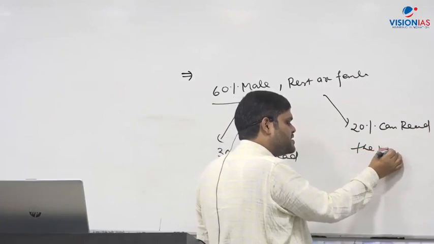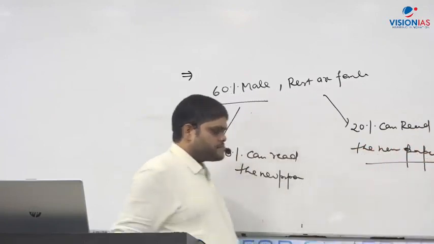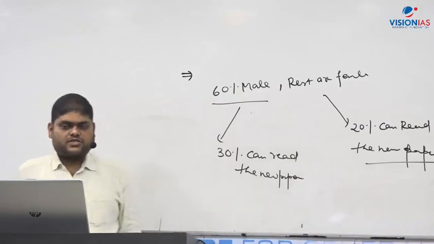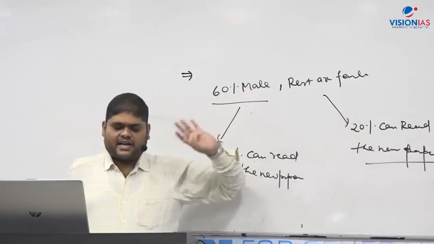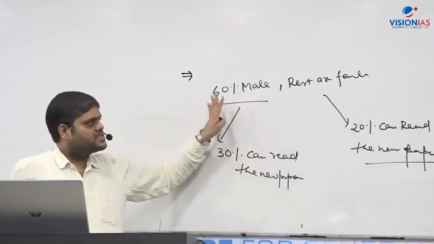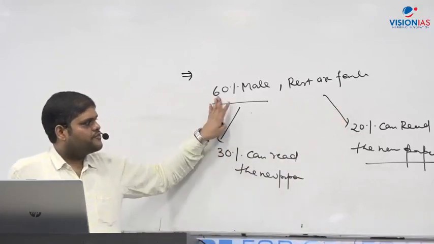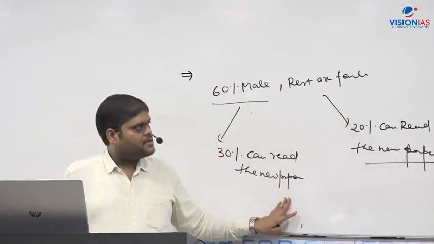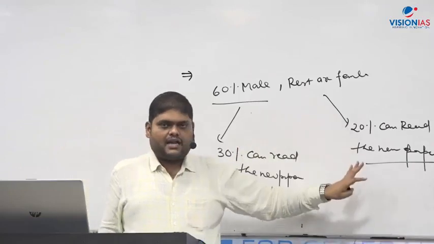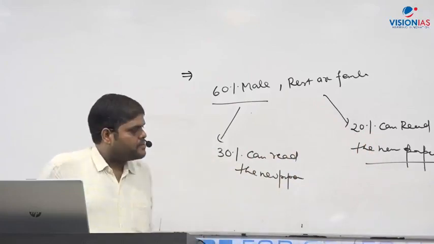So in a country, 60% are male and the rest are female. Out of the male, 30% can read the newspaper, and out of the rest, the female, 20% can read the newspaper.